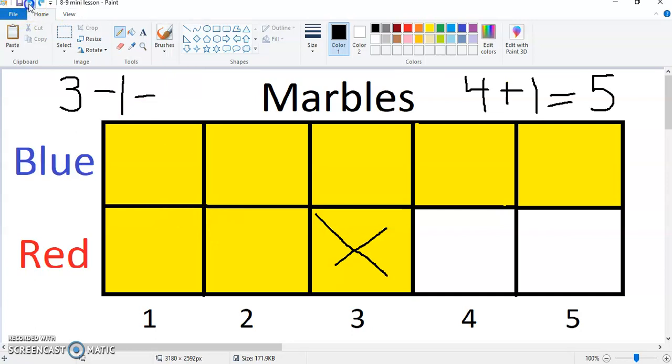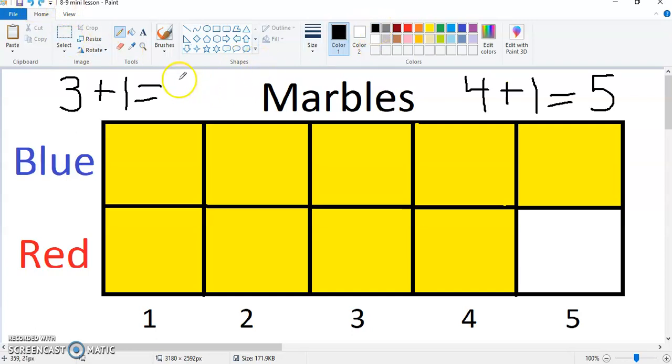Or we could say 3 plus 1. So now instead of taking away 1, we are adding another 1. We're getting another red marble. So we started with 3, we added 1. Now how many do we have in all? 4.